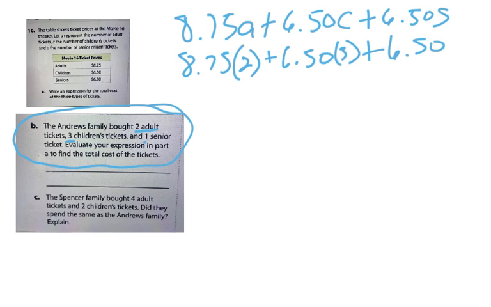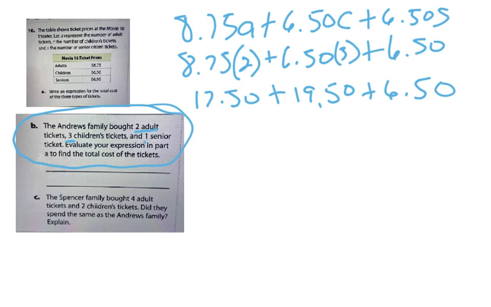So I'm going to take $8.75 times 2 in my calculator. I get $17.50 for the adult tickets plus $6.50 times 3, $19.50 for the children's tickets. And then my $6.50 comes down.